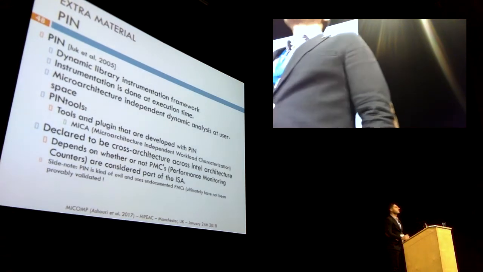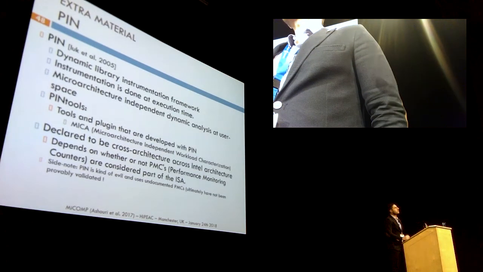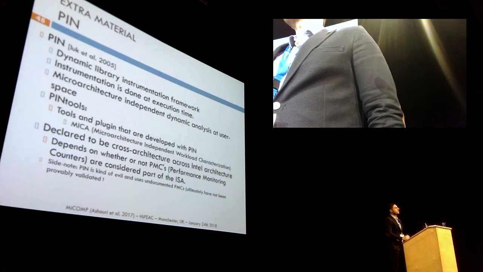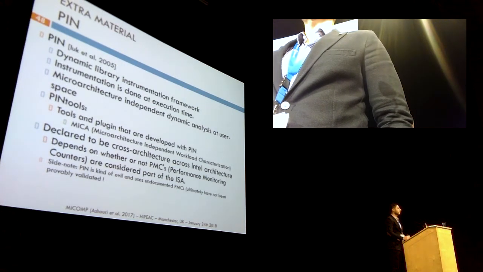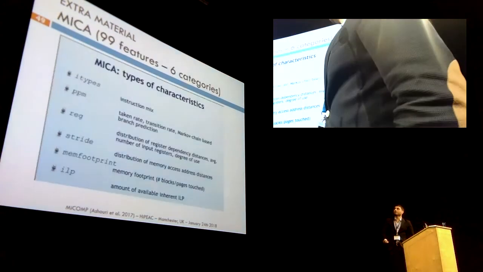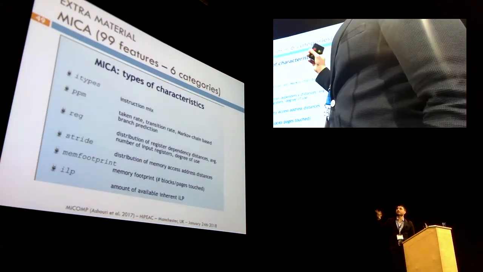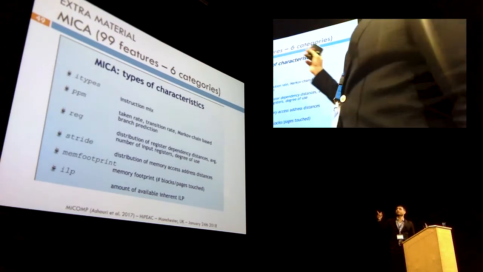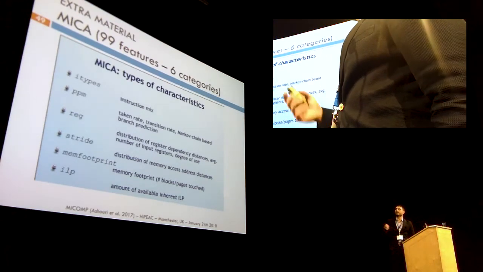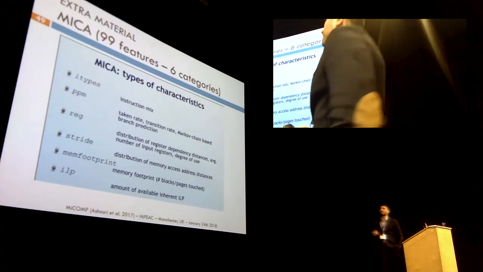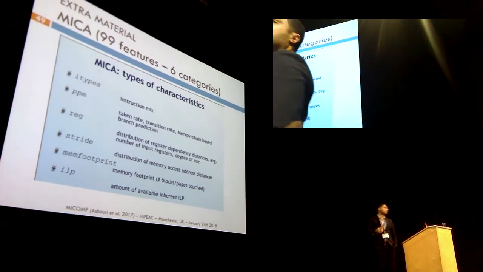I did test it on some x86 machines, so I could use cross validation results, and the performance was good. The instructions that you can get out of MiCOMP are these 7 classes like I-types, PPM, register, stride, ILP, and so on.